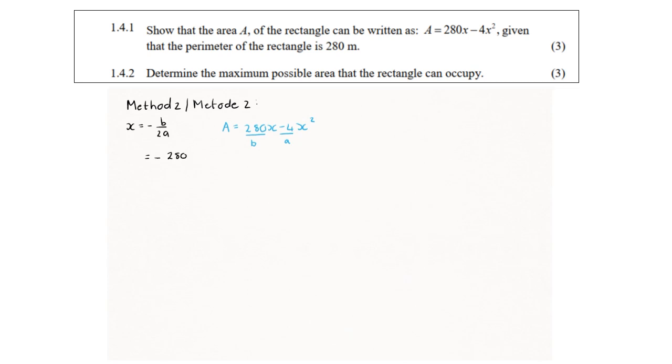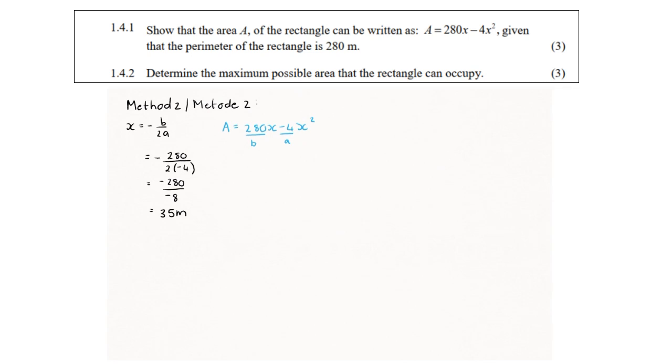So if we put these values into the formula, it gives us negative 280 over 2 times negative 4, and this simplifies to positive 35 meters. And this is the x-coordinate of the maximum point or the turning point.